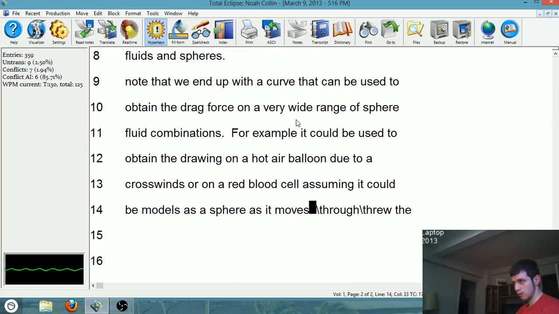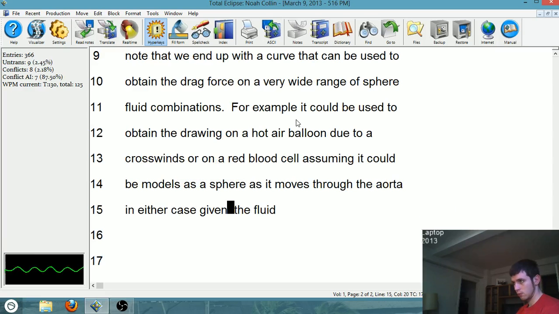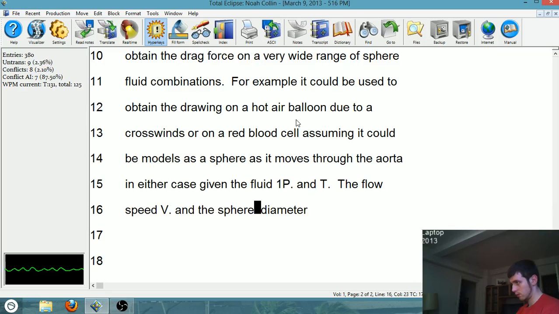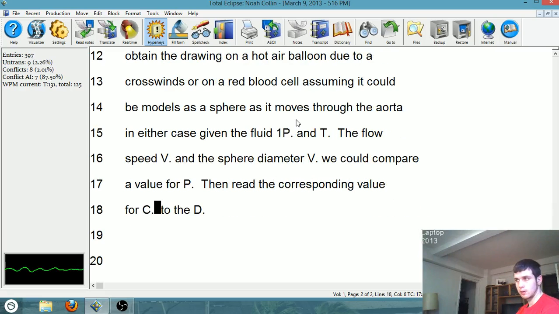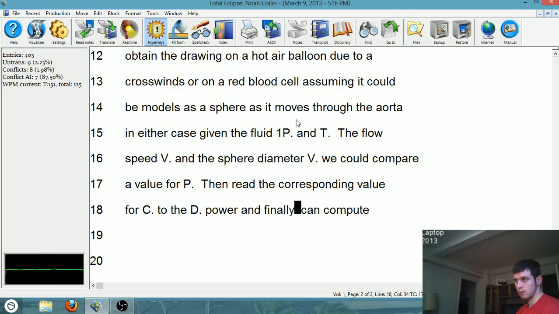In either case, given the fluid density and viscosity, the flow speed V, and the sphere diameter d, we could compute a value for the parameter, then read the corresponding value for C_D, and finally compute the drag force F.